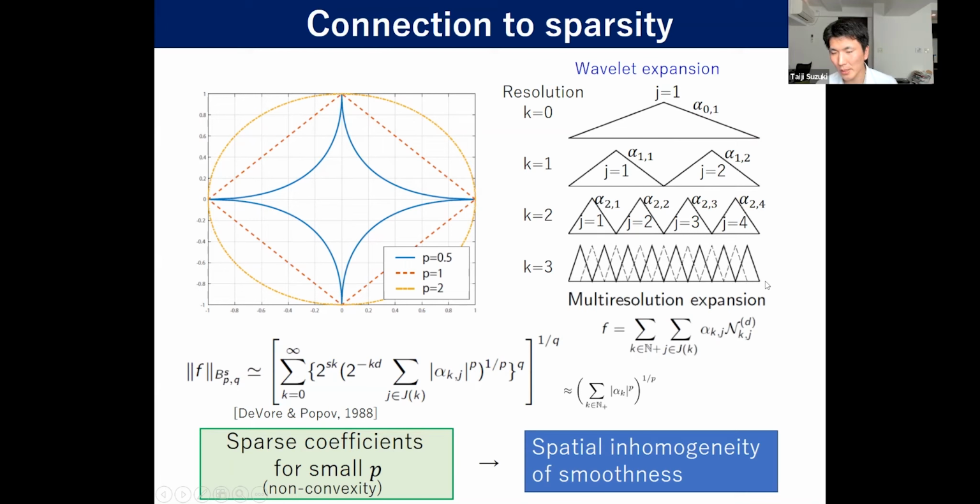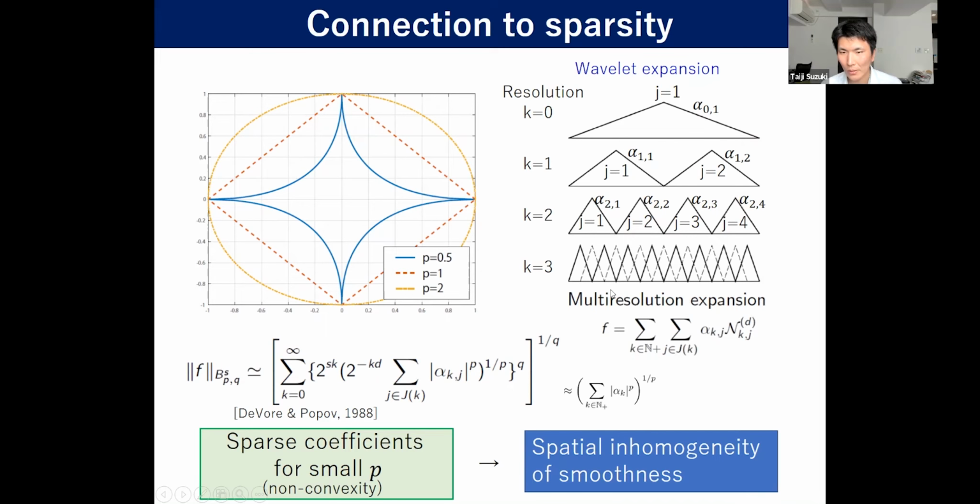The horizontal axis is x. If the coefficients alpha kj are 0 for the basis functions around here, no high frequency component appears. But if the coefficient here is non-zero, a high frequency component appears. Therefore, if p is small, sparsity corresponds to non-uniformity of the smoothness.